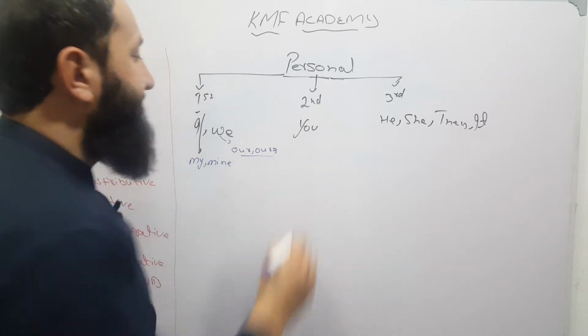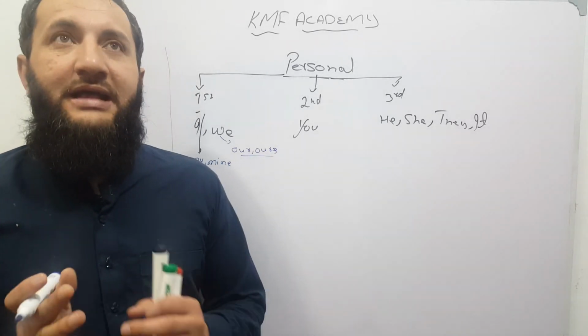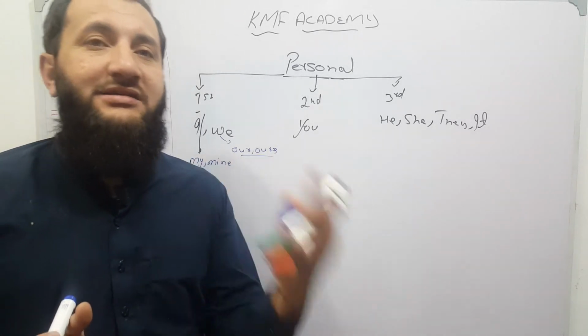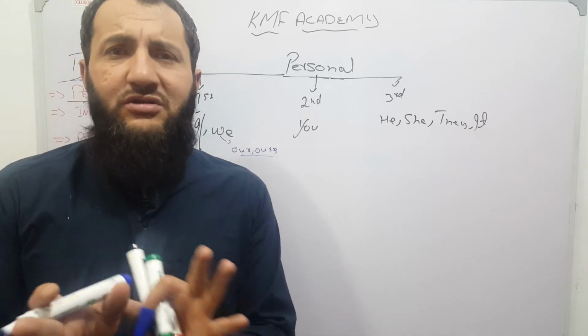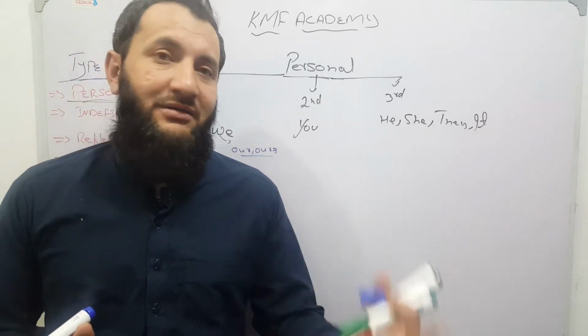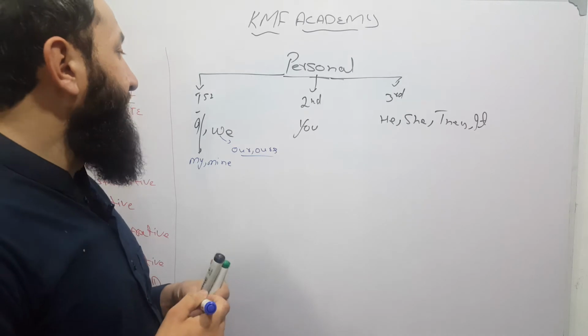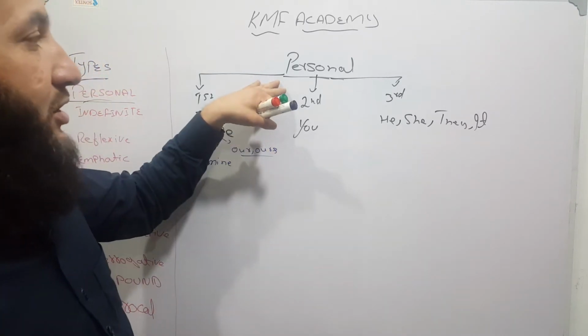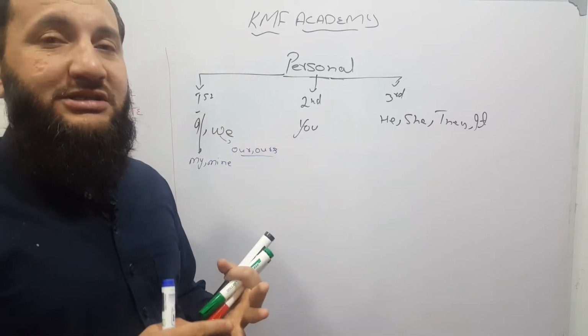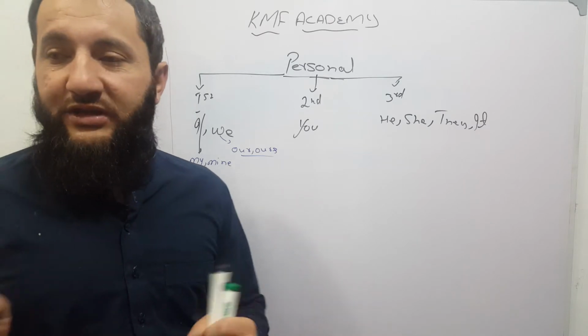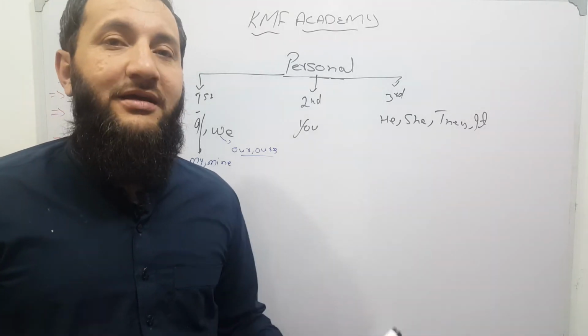We'll have a clear discussion of this when we discuss active and passive voice, so no need to be worried about it now. Okay, so I'm repeating it again: personal pronouns are the pronouns that are used for the three persons, first, second and third.